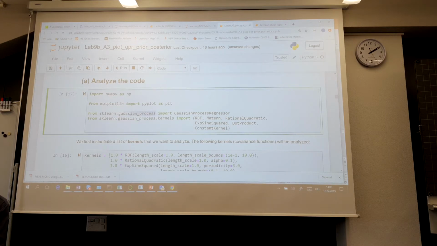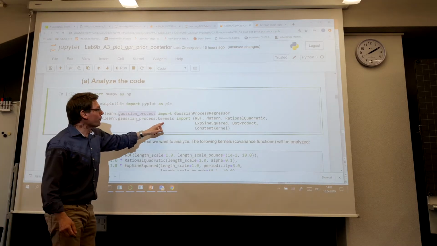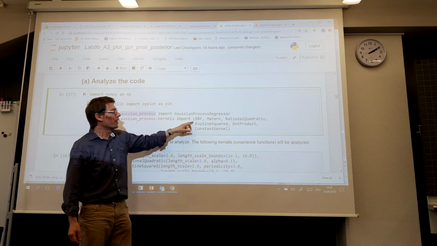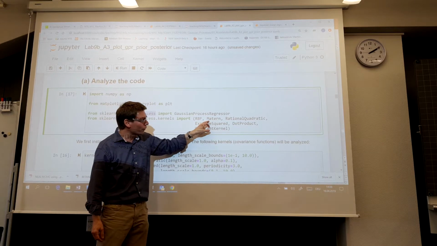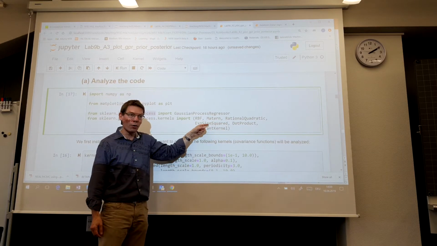So, the Gaussian process is already implemented in scikit-learn, and we use now a regression, not a classification problem, but a regression problem. There are already predefined kernels, for example, the radial basis function, the Matern kernel, rational quadratic. We'll go through those.